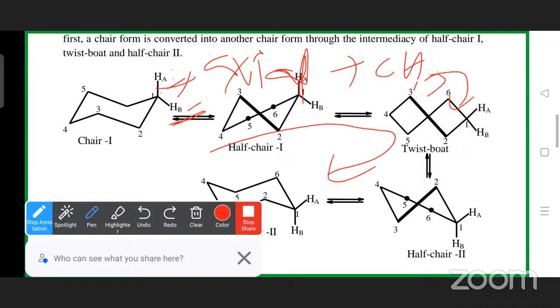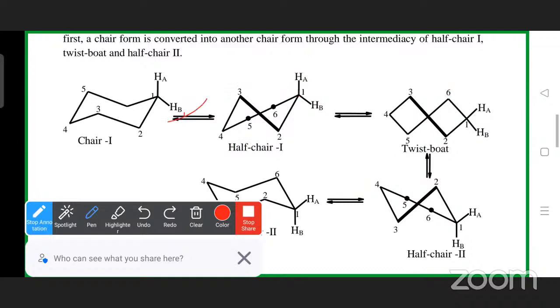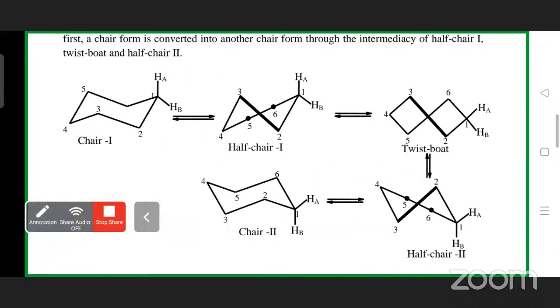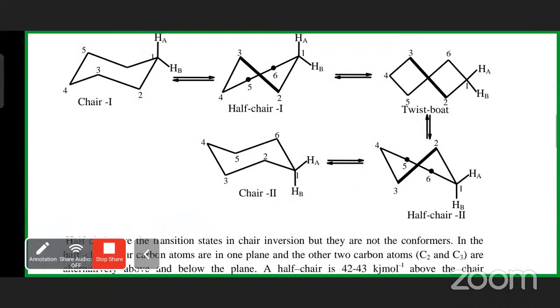And finally, you see here HB is equatorial in conformation 2. It is equatorial, it becomes axial, and this is axial, it becomes equatorial. Like that, you can change the position of the atoms and other groups here.